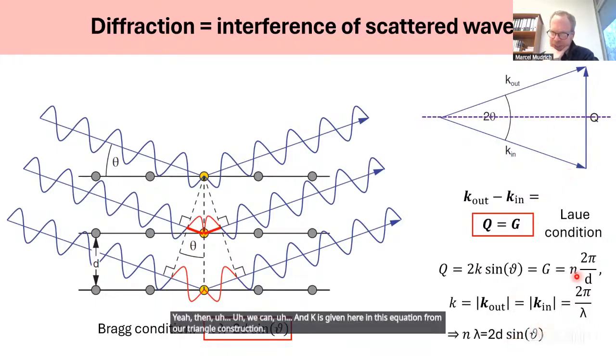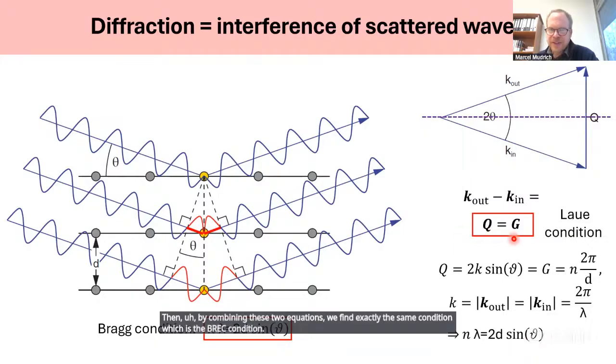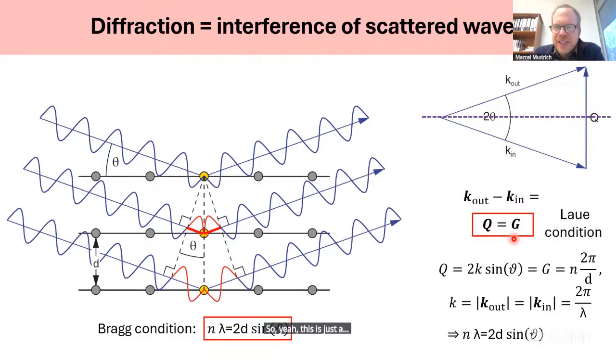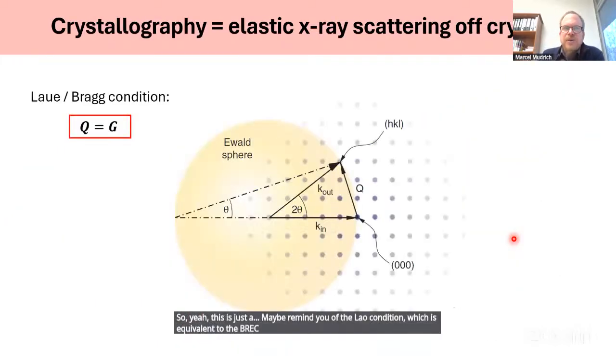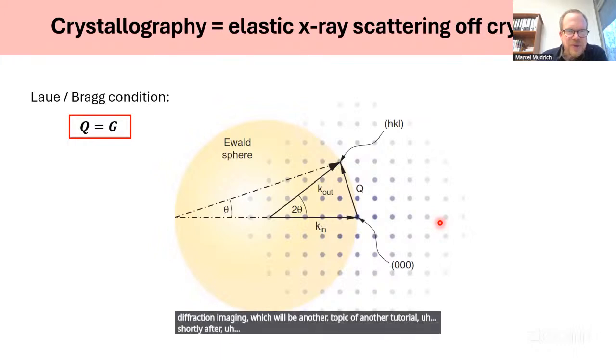Then by combining these 2 equations, we find exactly the same condition which is the Bragg condition. So this is just to maybe remind you of the Laue condition, which is equivalent to the Bragg condition, because the Laue condition is important for explaining and for visualizing elastic scattering and diffraction imaging, which will be another topic of another tutorial shortly after the Christmas break.